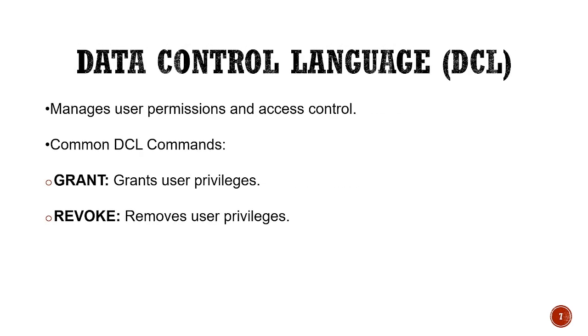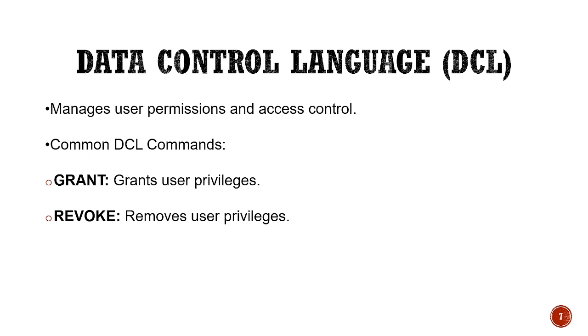Our next language is the data control language. As I already discussed, with the data control language, whenever you want to grant any permission to another user, for general purpose, for reading, for writing, for updating, at that time we can use these DCL commands.